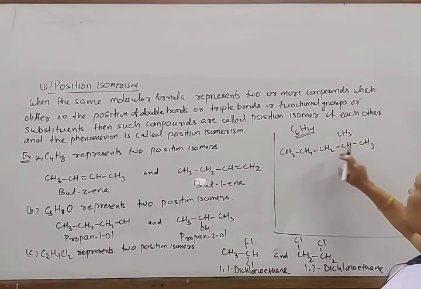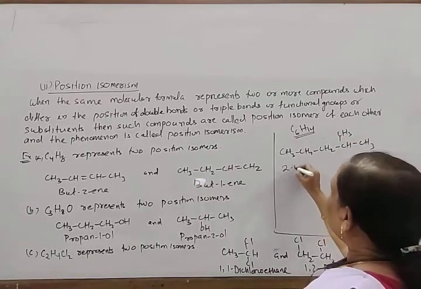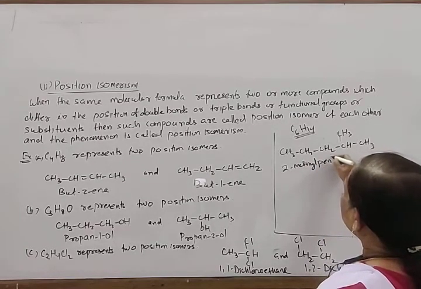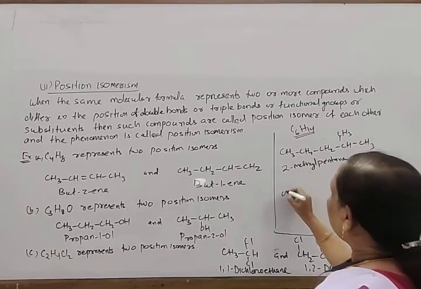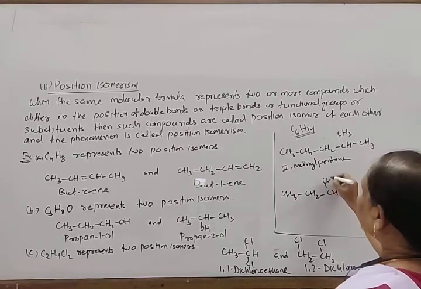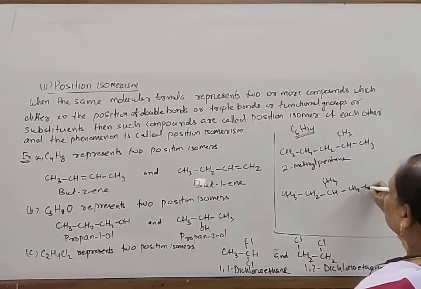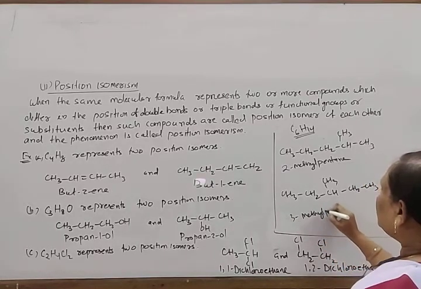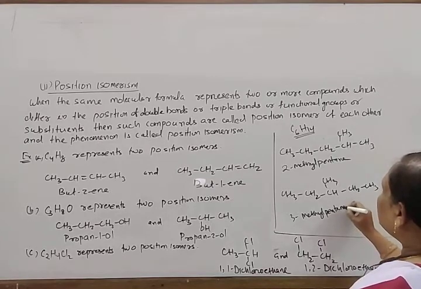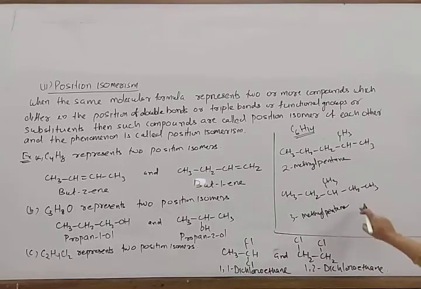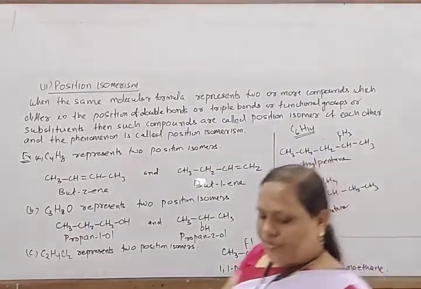So 1, 2, 3, 4, 5. This is 2-methylpentane, and another position isomer of this is CH3, CH2, CH, CH3, CH2, CH. This is 3-methylpentane. So the position of the methyl group here and here are different. Here it is position 2 and here position 3. So these two are position isomers of each other.